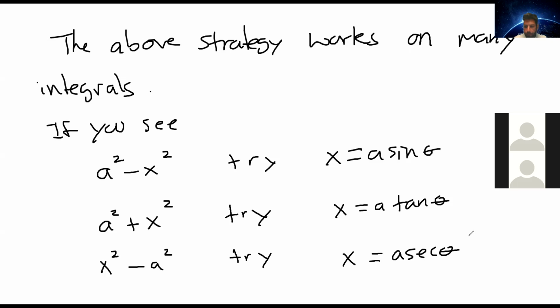Now, I guess I'm being very generic here. Make sure you understand what I mean when I say if you see this: a is a number, x is the variable. That's the context there. I hope it's clear.